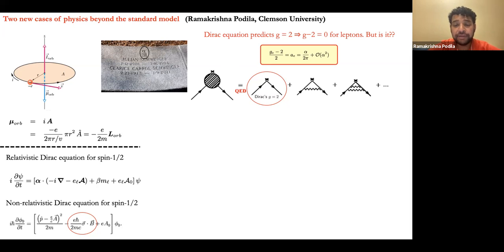You should not see any Lamb shift, but we do see Lamb shift. So this fine structure constant and anomalous magnetic moment are related. So in a way, by measuring this anomalous magnetic moment, we are sort of measuring the fine structure constant, and the fine structure constant, as I have mentioned, is also related to the Lamb shift.